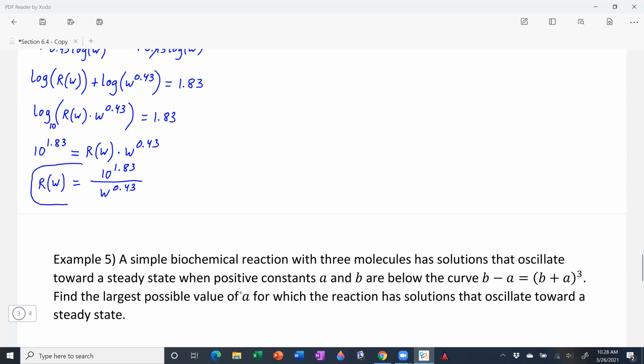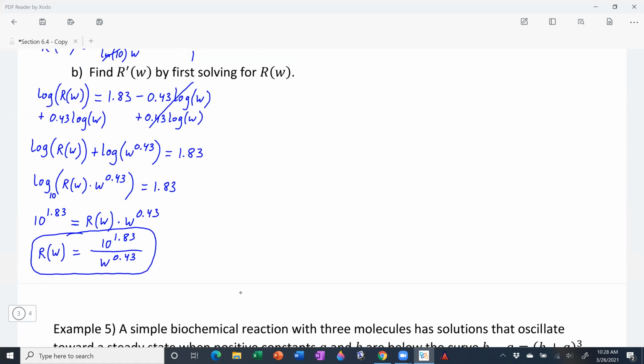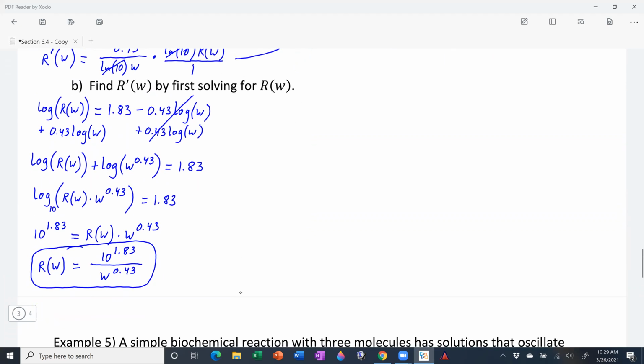All right, so we've solved for r of w. Okay, so a little bit of a hassle there. We had to do some algebra tricks, but if we didn't know how to find the derivative implicitly, then we would have that process first. And now it does say find r prime of w. So we've got this.